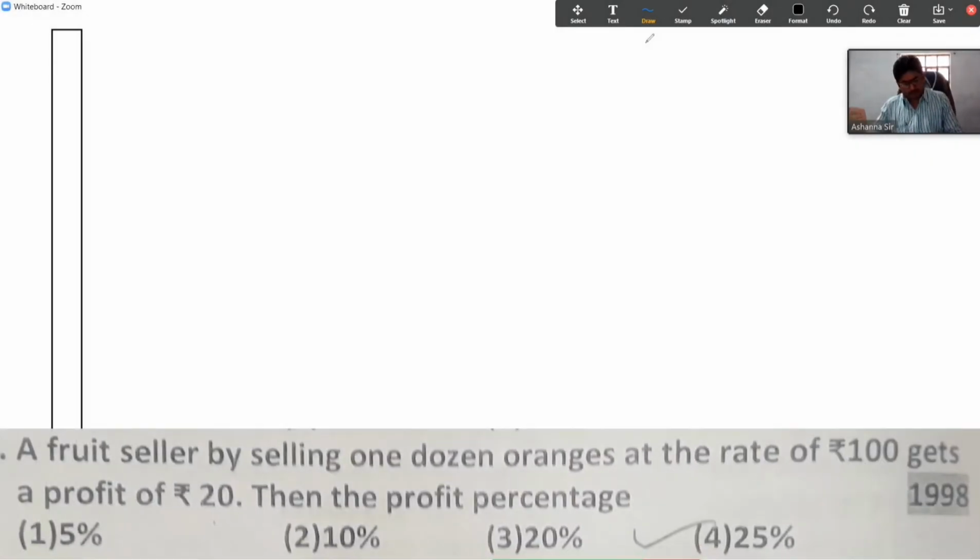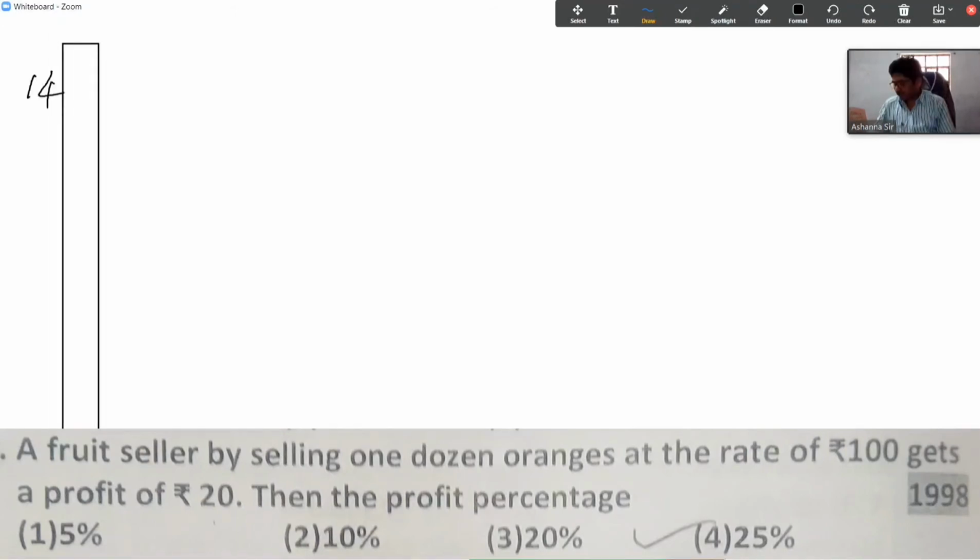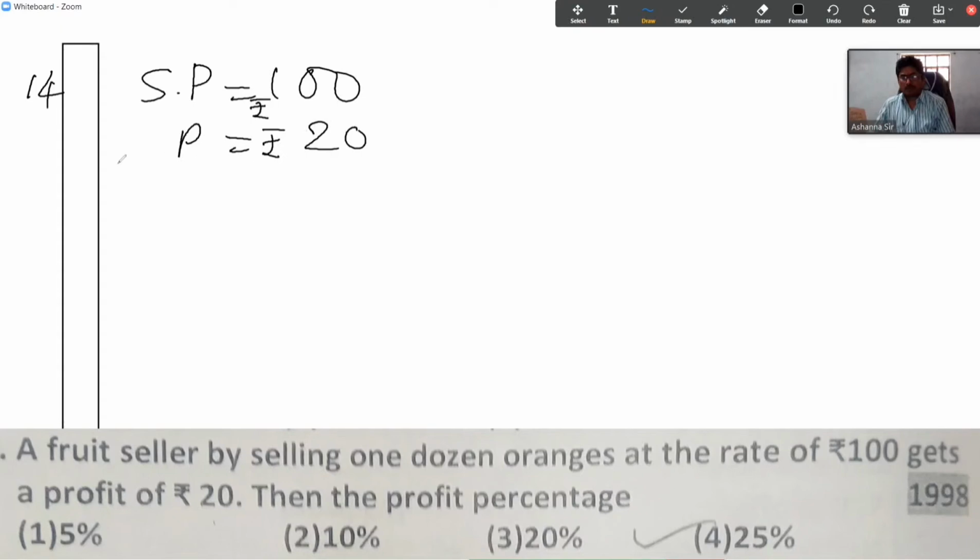Question number 14. A fruit seller sells 1 dozen oranges at the rate of 100 rupees. Here selling price is 100 rupees. Profit is 20 rupees.